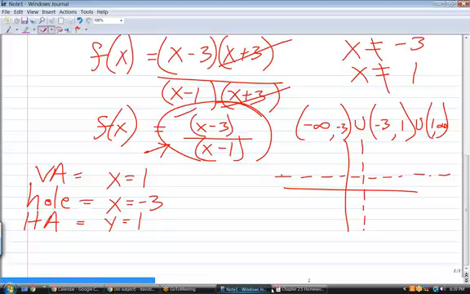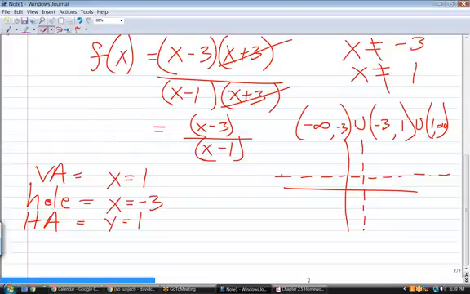Well, a really important concept in math is that x-intercepts occur when y equals 0, and y-intercepts occur when x equals 0. So if I want to solve for x-intercepts, I'm letting y, or f of x, they're the same thing, equal 0.